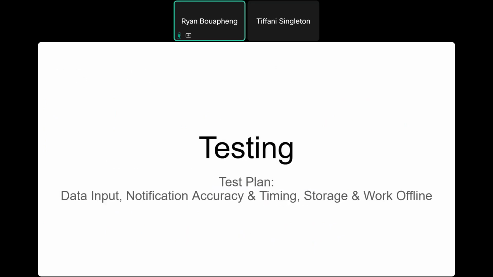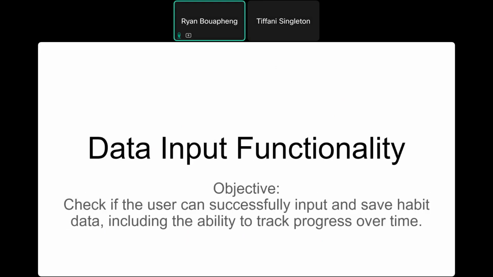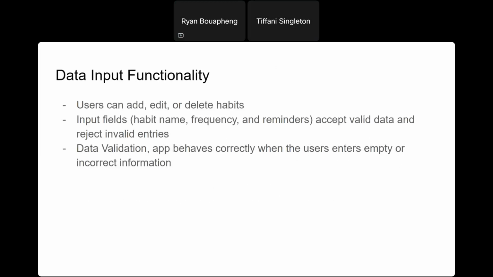For testing, our testing plan had 3 major areas: data input, notifications, and local storage. For data input, we ensured users could create, edit, and delete tasks. And we also validated input, so users couldn't input empty tasks.